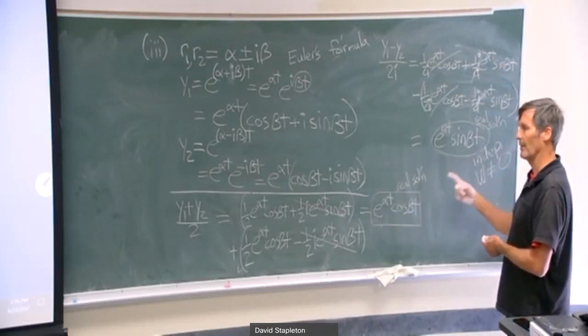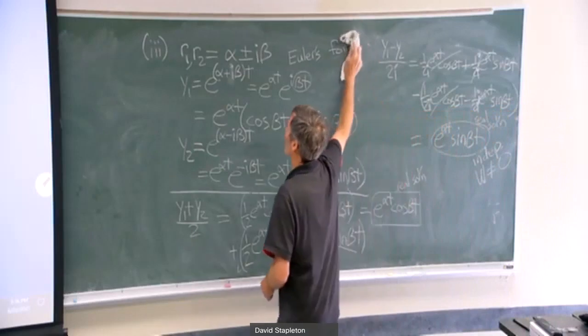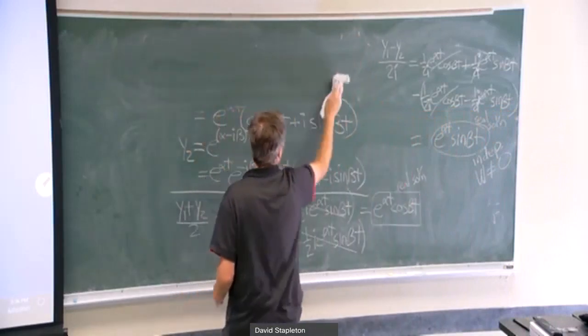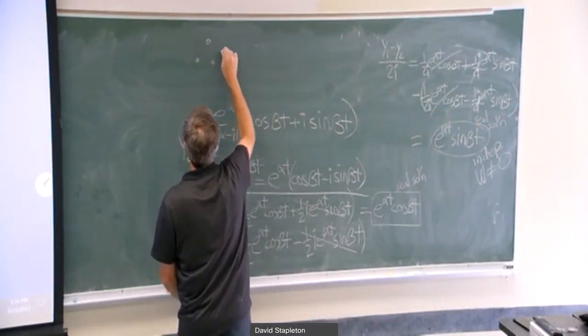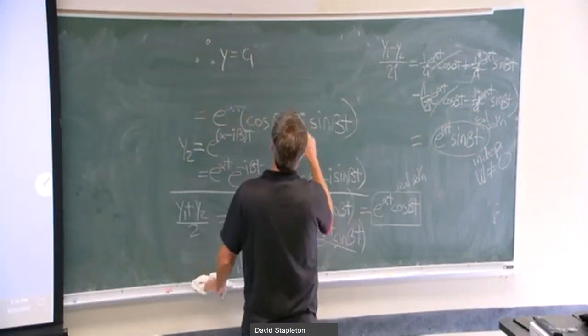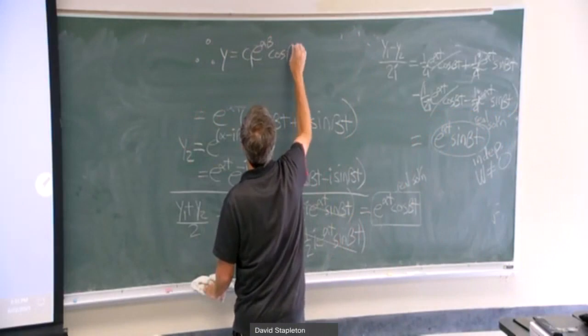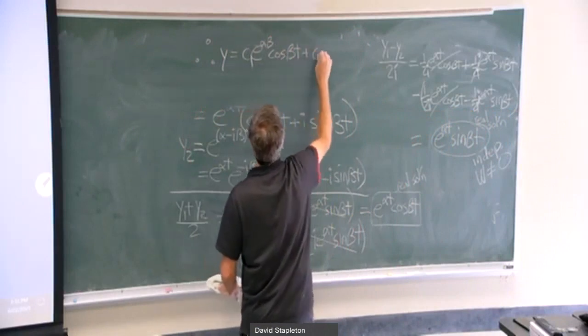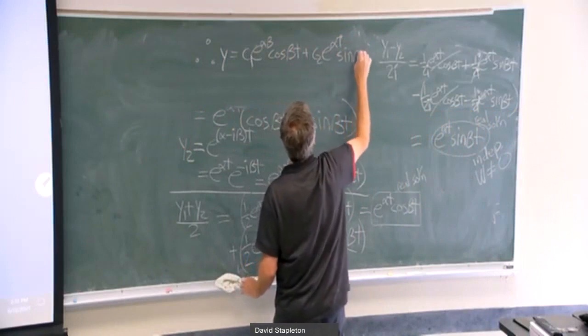But if we have 2 independent solutions, our big theorem, granddaddy theorem I called it last time, is this, that the general solution is an arbitrary linear combination. So I take C1 times this first solution, e to the alpha t cosine beta t, plus C2 times the second one, e to the alpha t sine beta t.